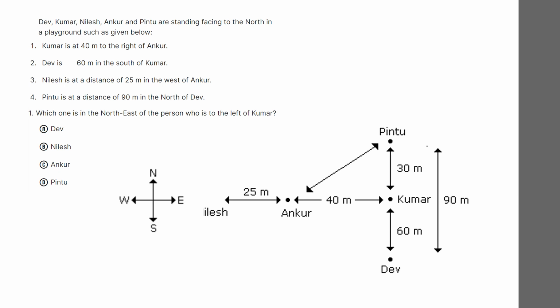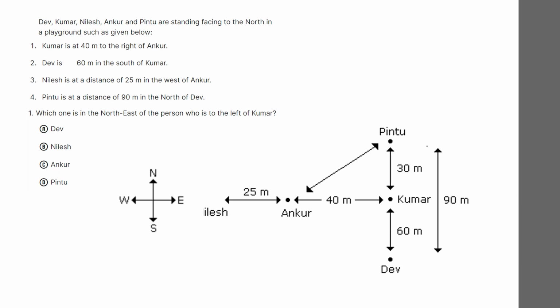Now once your direction chart and also whatever the description given for the question is being plotted here as a flow chart, now we'll go ahead to solve the problems. Now first question in this description is which one is in the northeast of the person who is to the left of Kumar.